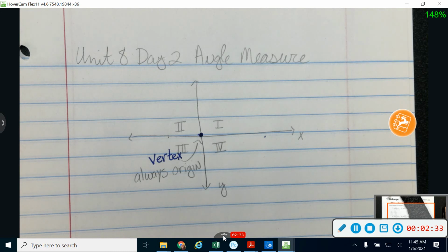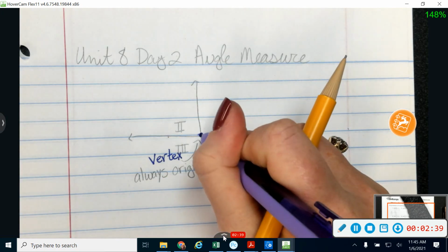Okay, so part number 1 of an angle is the vertex. Part number 2 is what we call the initial side.